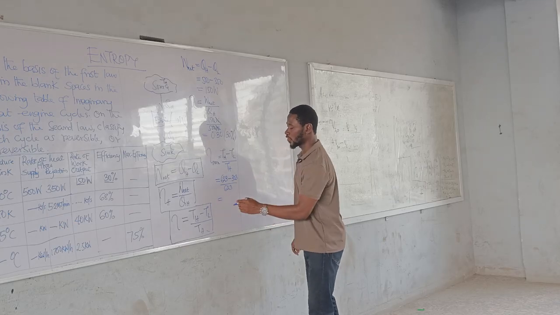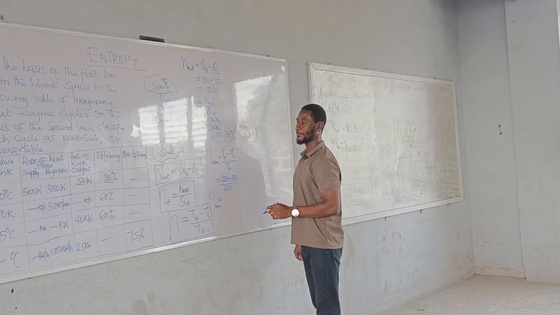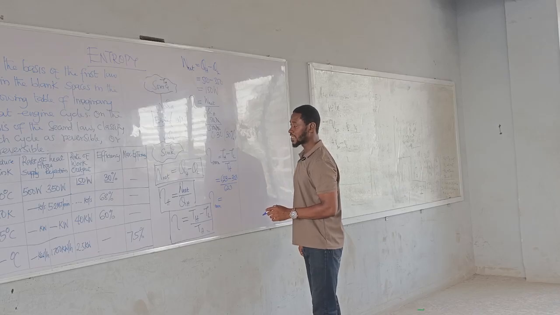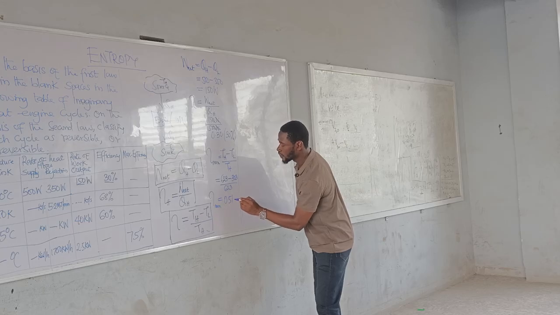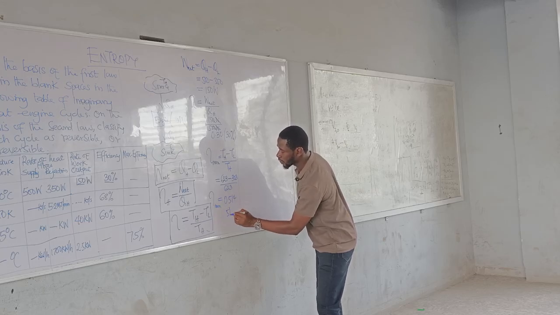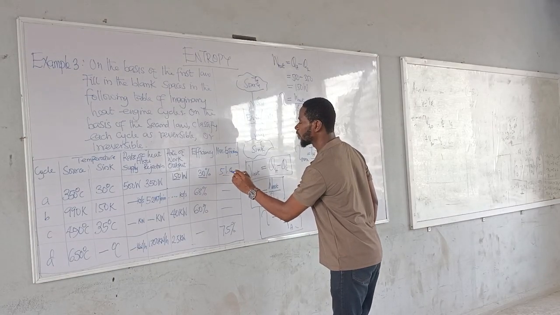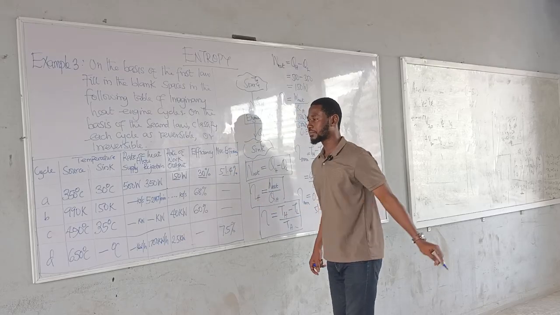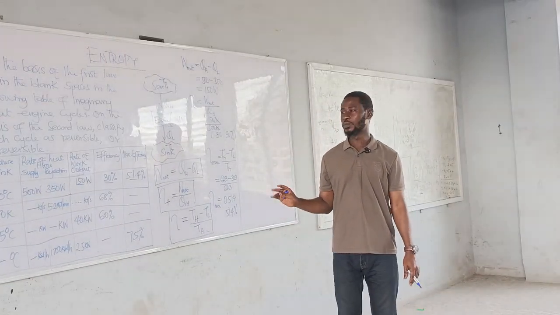When you subtract this, what do you have as the maximum efficiency? 0.514, which is 51.4%. So here we have it as 51.4%. So we are done with the first cycle.